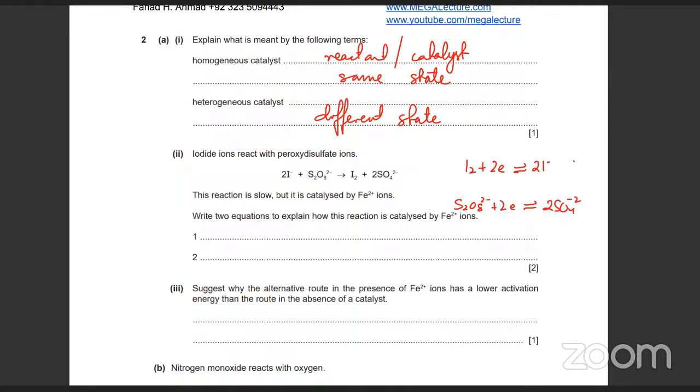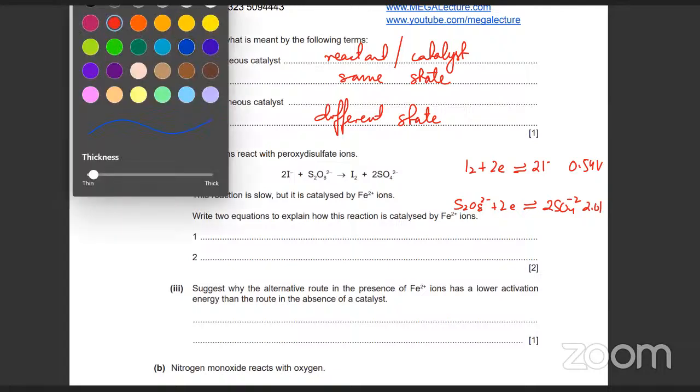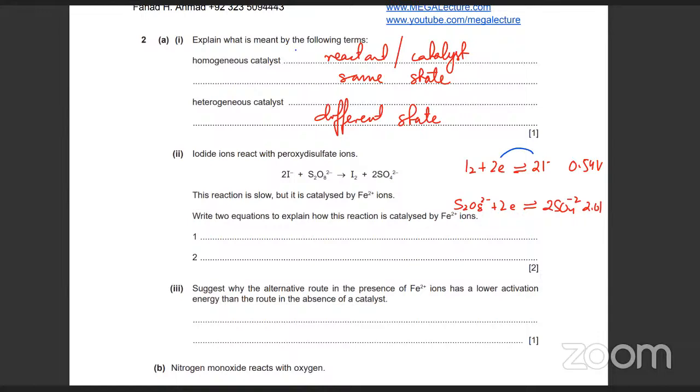The iodine one was 0.54 volts. The S2O8 was 2.01 volts. And they would not react together, even though the reaction was feasible. The lower potential lost electrons, the higher potential gained electrons. But the reaction was not feasible because both reactant ions were negatively charged, which resulted in a very high activation energy. Negative ions repel each other.